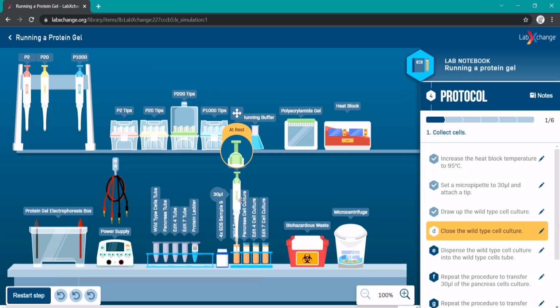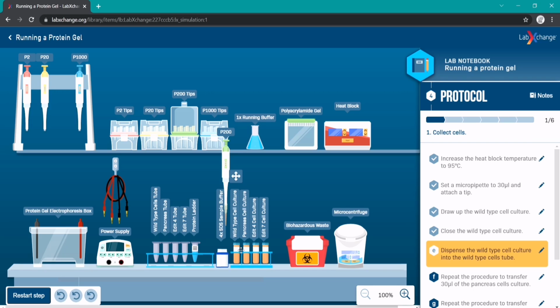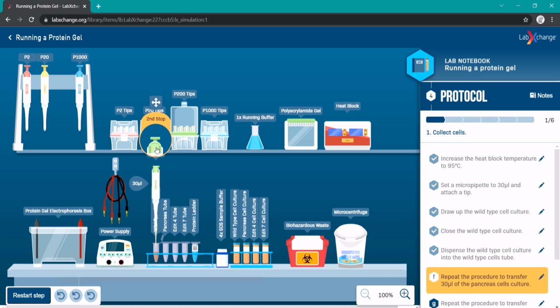Now close the wild-type cell culture. Later, dispense the wild-type cell culture into the wild-type cells tube. Then, repeat the procedure to transfer 30 of the pancreas cell culture.